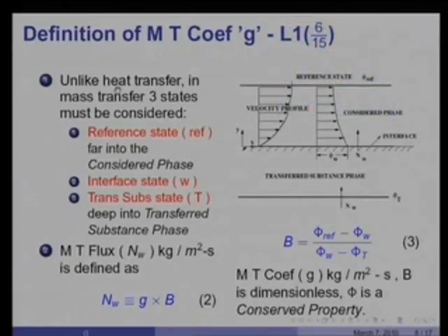When defining heat transfer, we refer only to the interface state and the reference state. But in mass transfer, we need to consider three states. The reference state, which is far away from the interface into which mass transfer is taking place. The interface state, W, and a third state deep inside what is called the transferred substance phase.